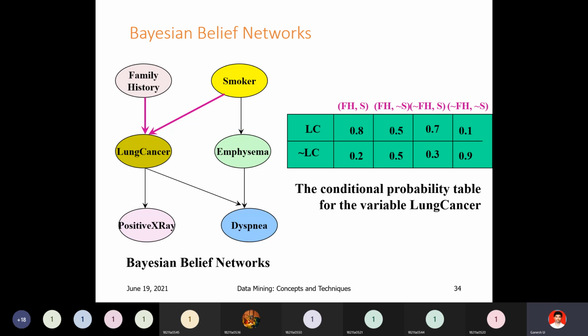You have neither family history nor smoking, so in 90% of cases you will not get it, only 10% rare cases you will get lung cancer due to immunity problems or any other problems. This is the Bayesian belief network.